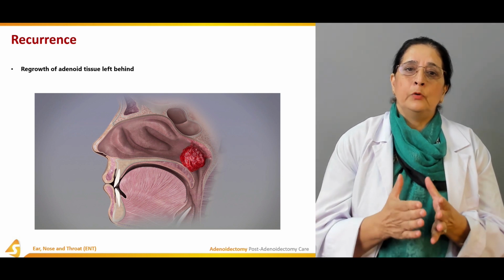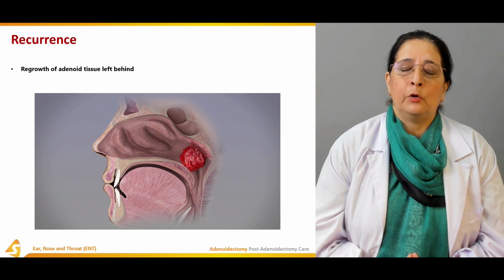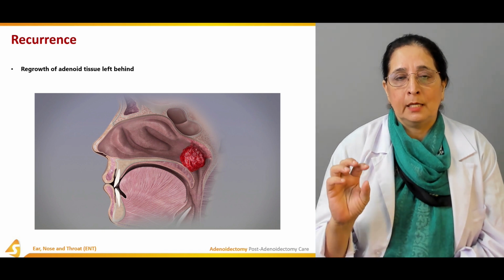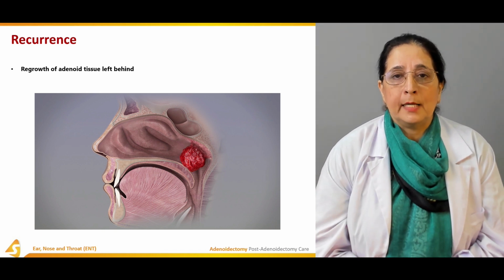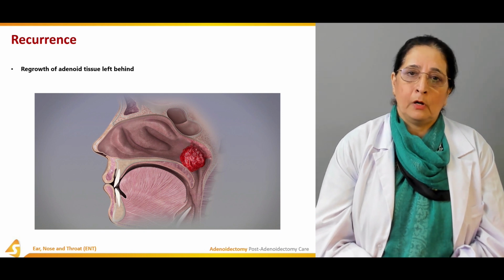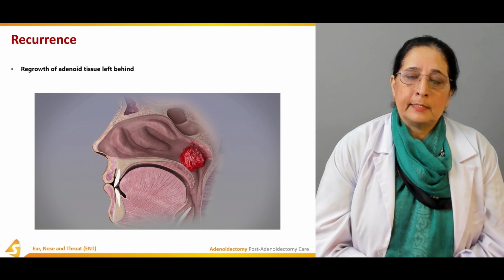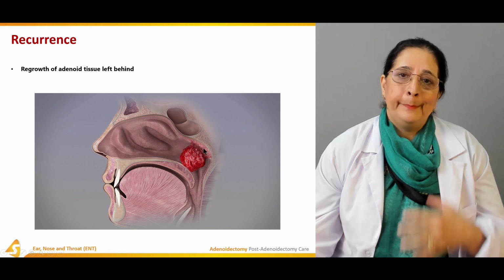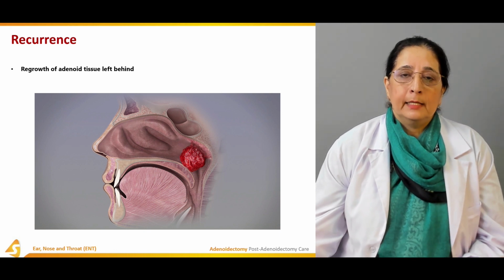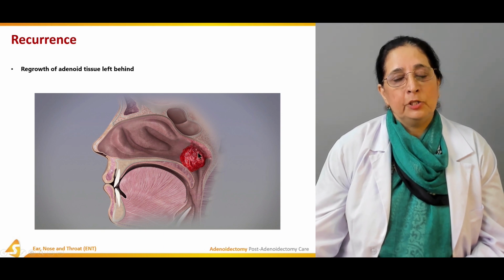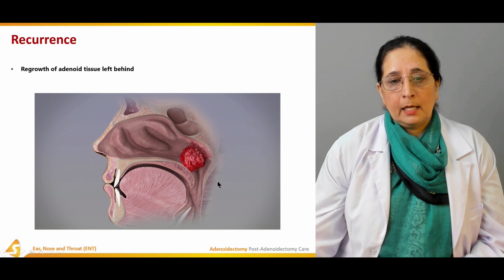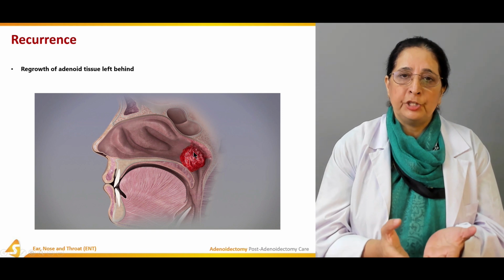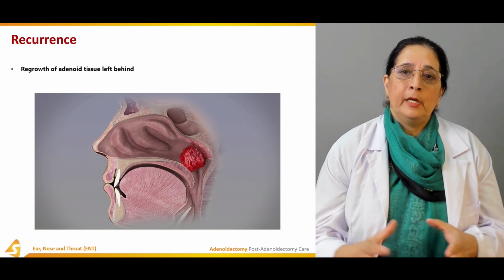As we discussed in the procedure, we need to remove all the masses present in the lateral part and any small masses around with the punch forceps, because the masses left behind have the ability to regrow and cause recurrence of adenoid hypertrophy, and the patient again needs to go for adenoidectomy.